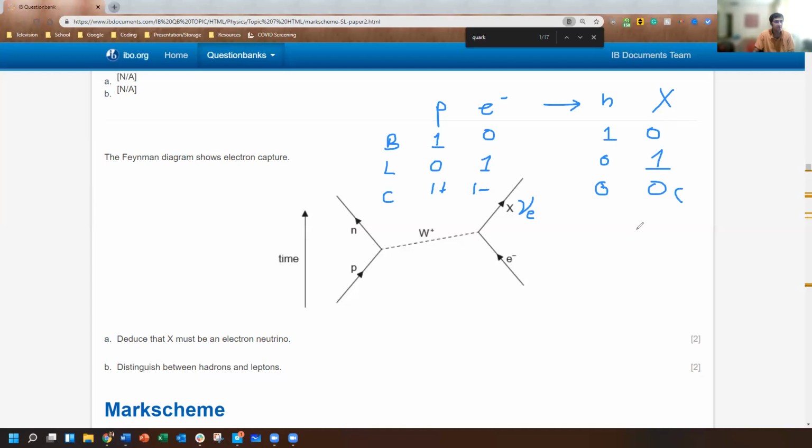It could be the electron neutrino, muon neutrino, or tau neutrino. But the last thing I would mention in the response is that it has to conserve generation or family, right? So if it's first generation, if it's electron, then it also has to be electron. That's why I would use that instead.